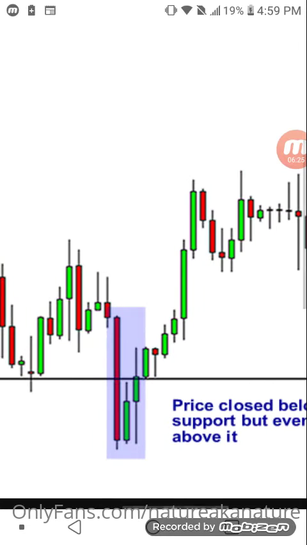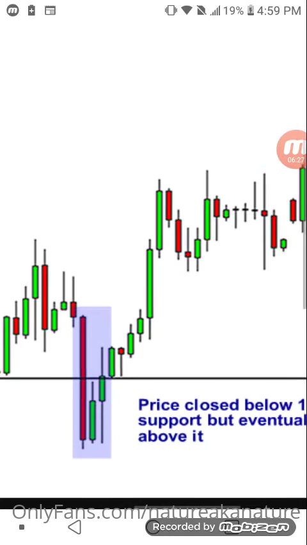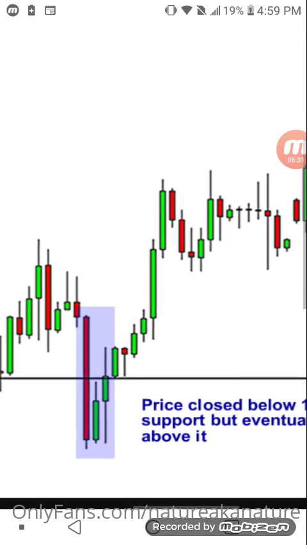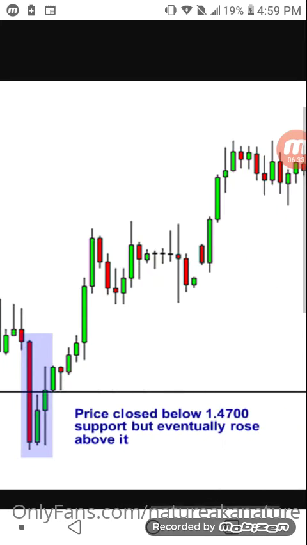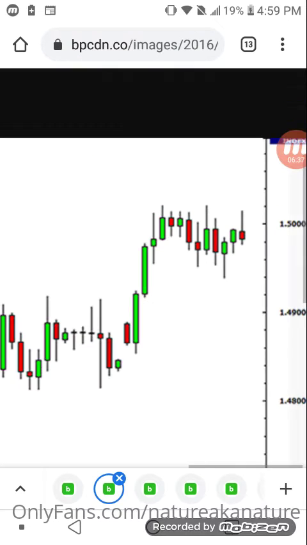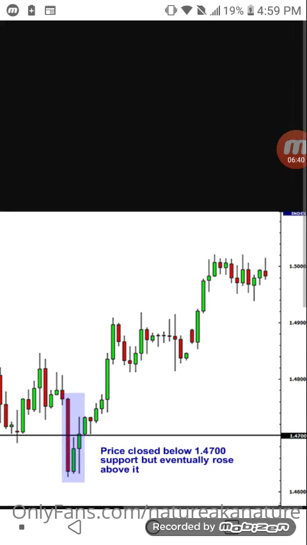It did go below it, but then eventually price wound up shooting back up all the way to 1.500, for like 300 pips. So price went below the support level, but eventually rose above it and rose back up.